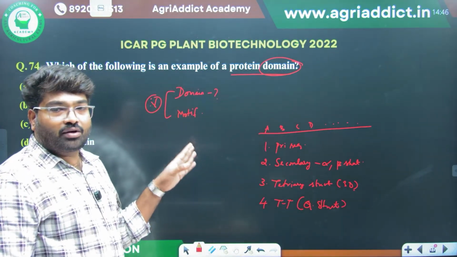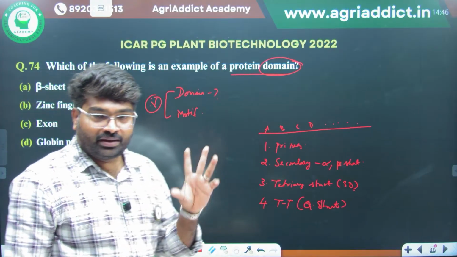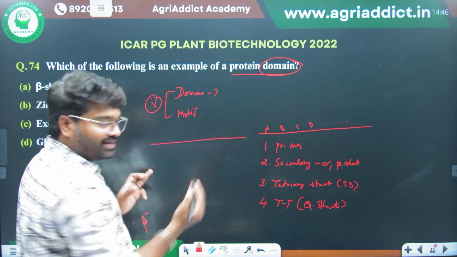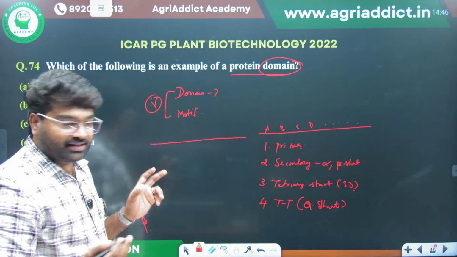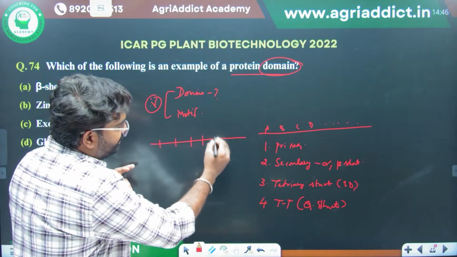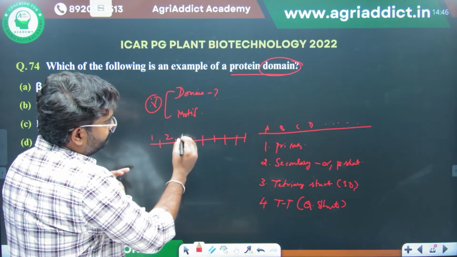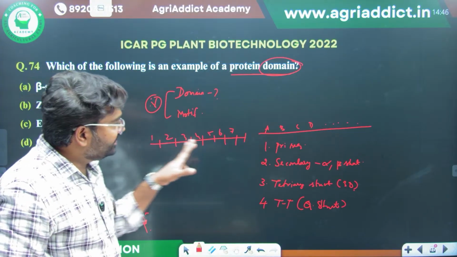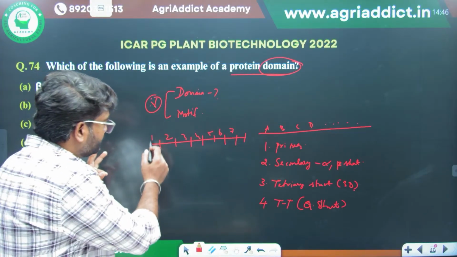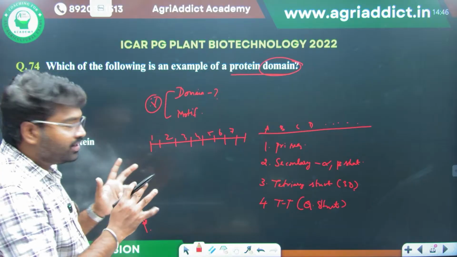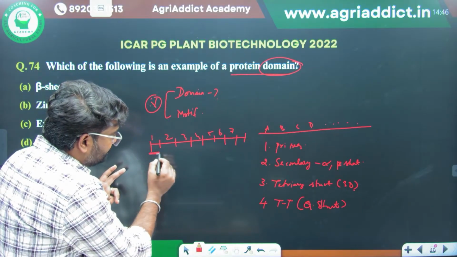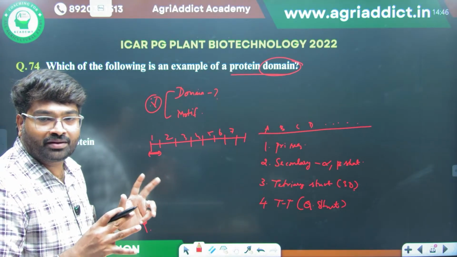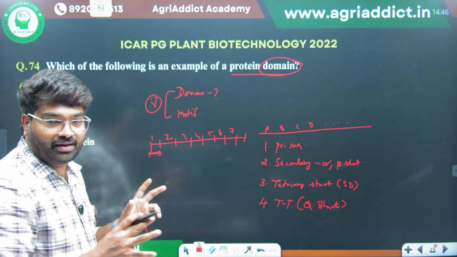Now we are going to see what is meant by domain and motif. If you remember, the fatty acid synthase enzyme complex is a single polypeptide enzyme with 7 different catalytic activities. So domain means an individual, independent functional region of a polypeptide.